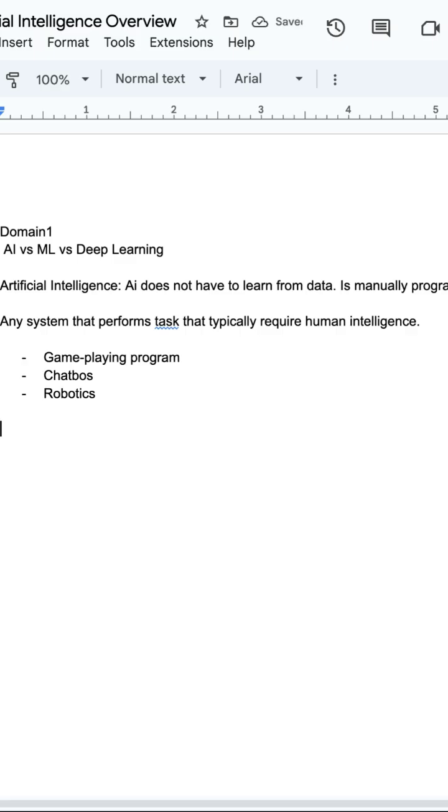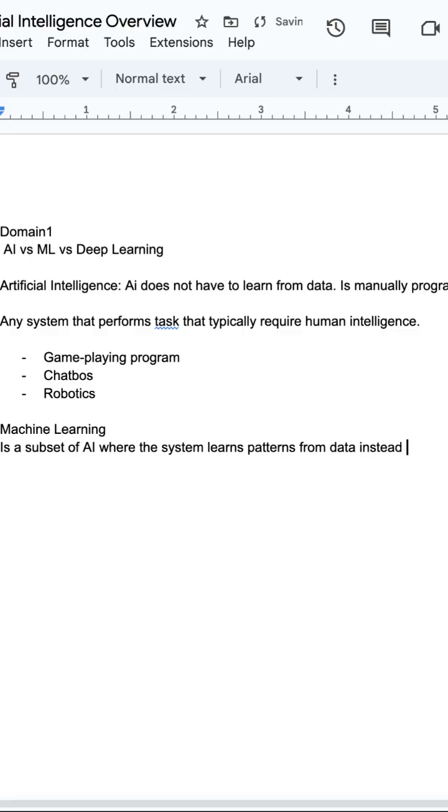Now, inside artificial intelligence, we have machine learning. Machine learning is a subset of AI where the system learns patterns from data instead of being explicitly told what to do.